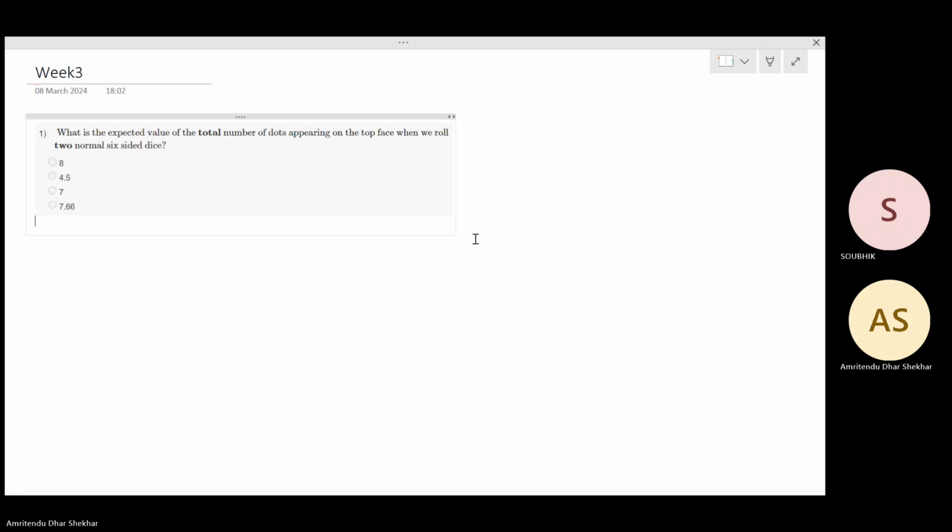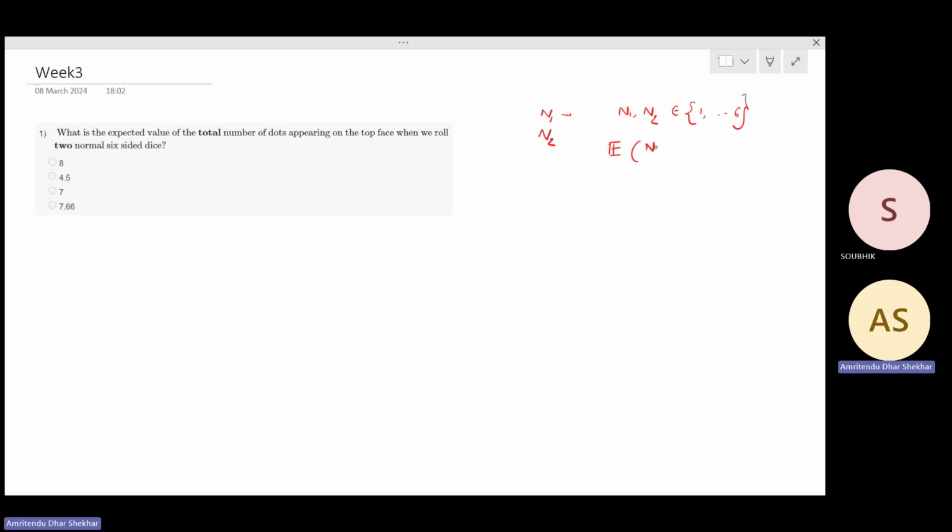So let's say n1 is the number that shows up on the first dice and n2 on the second dice. N1, n2 are both numbers from 1 to 6. Then what is the expectation of n1 plus n2?